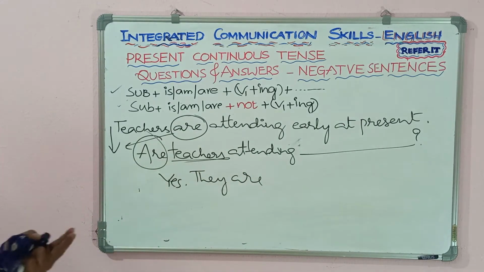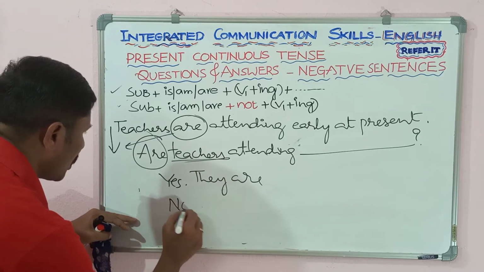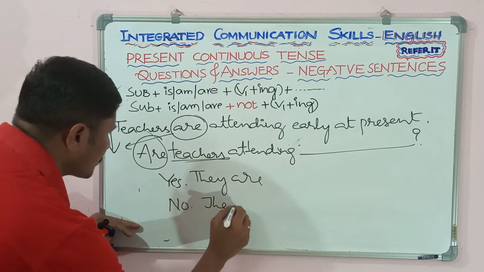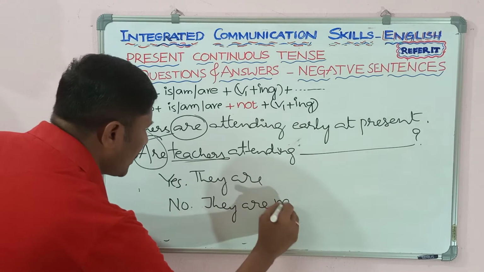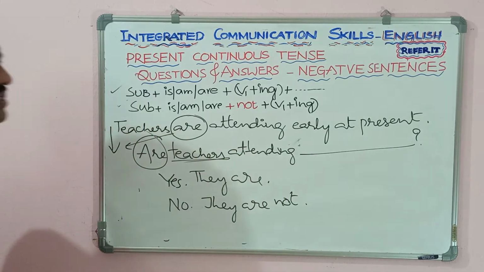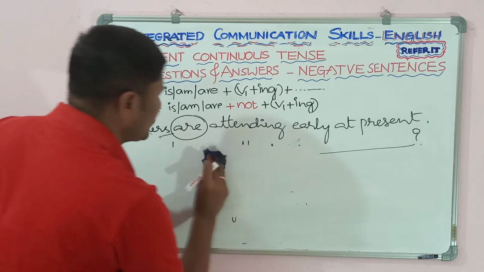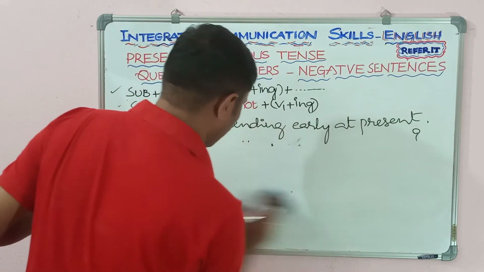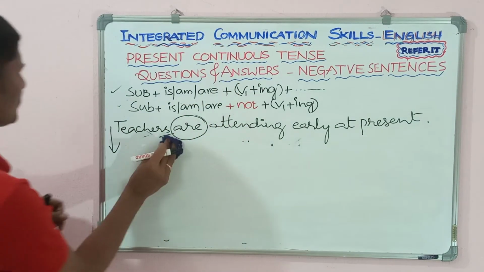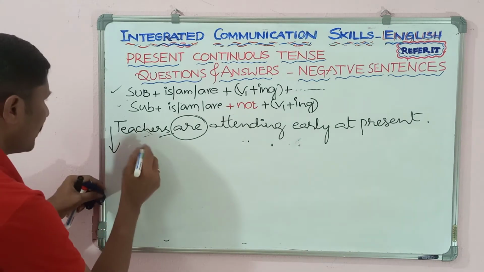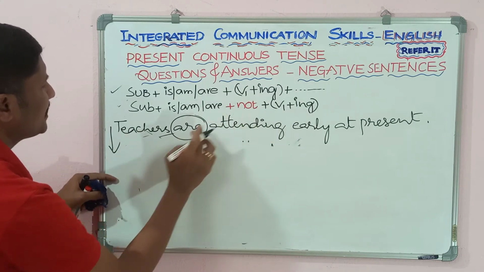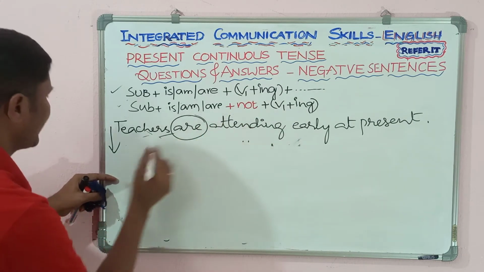If the answer is no, then no, they are not. So this is the answer for that question. Next, try to write negative sentence for this one. Just you have to add not between are and attending.